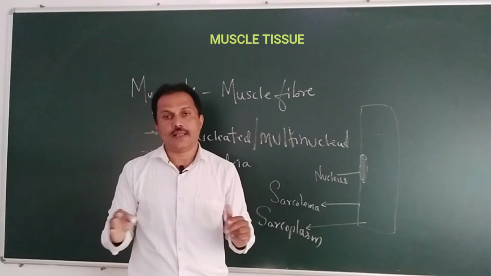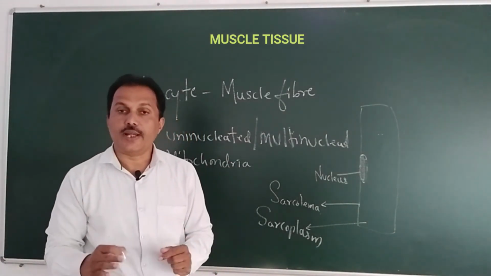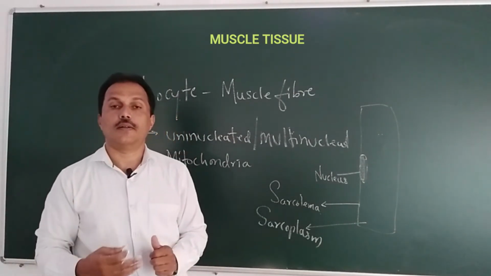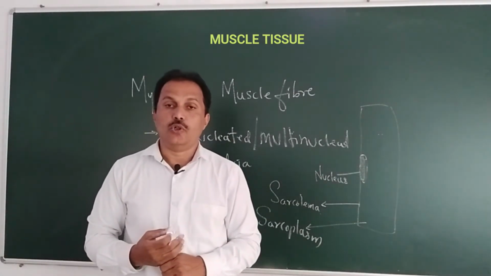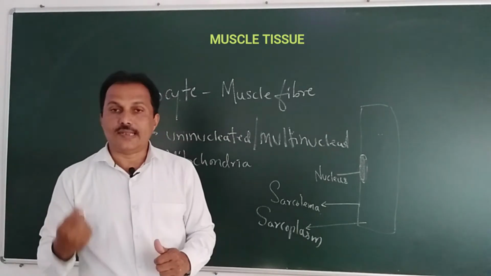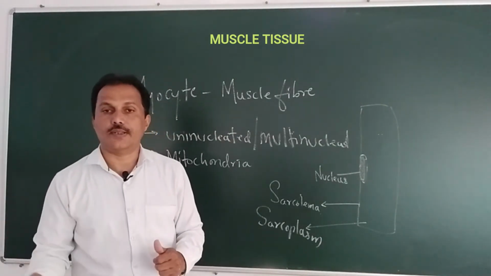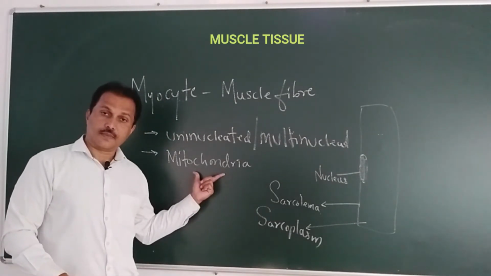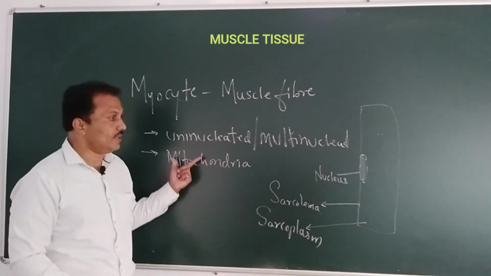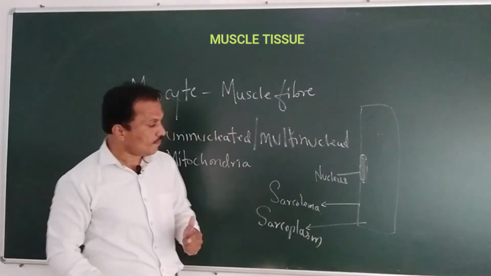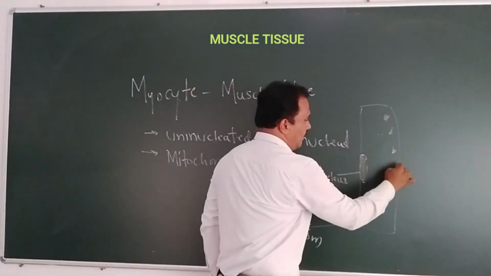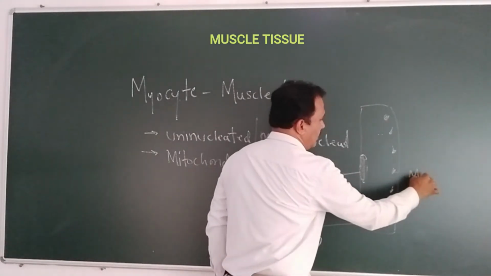Other organelles are also present, but mitochondria are abundant, and these mitochondria are responsible for giving energy to the cell. That's why the muscular tissue has very good strength. The abundant energy comes from the large number of mitochondria present in the muscle cells. Apart from that, if I just draw, these are some of the abundant mitochondria.